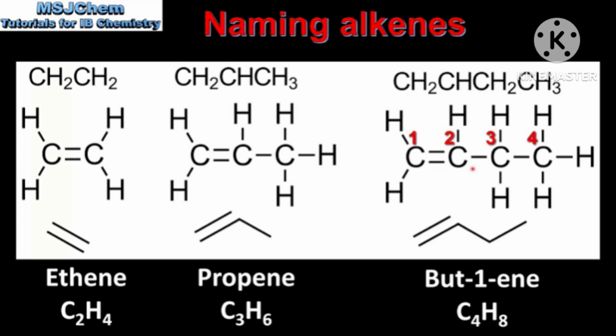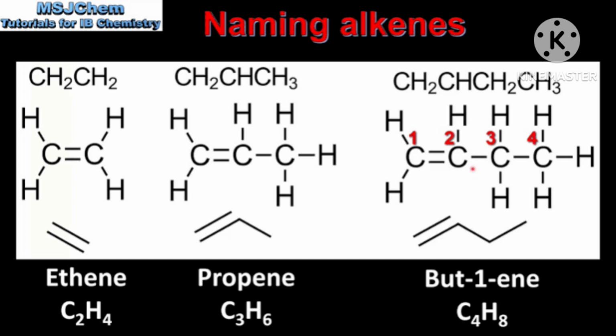Now you only have to write the carbon numbers: carbon 1, 3, 5, 7. You have to mention them because these carbons have a double bond.